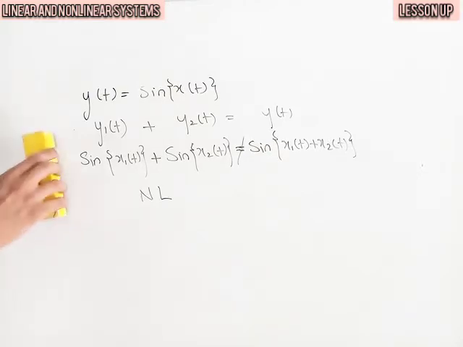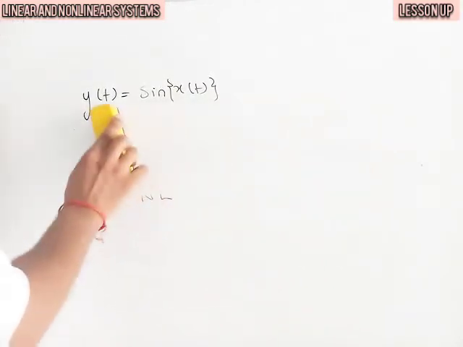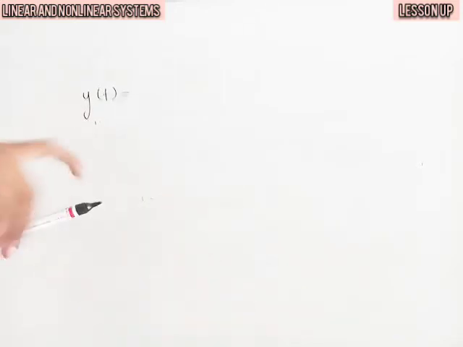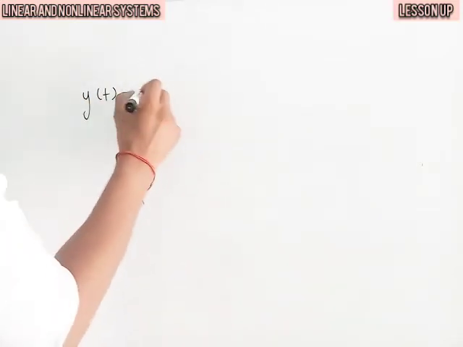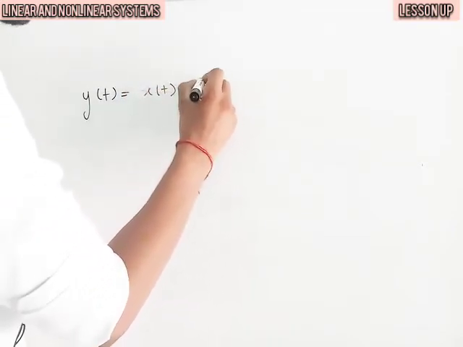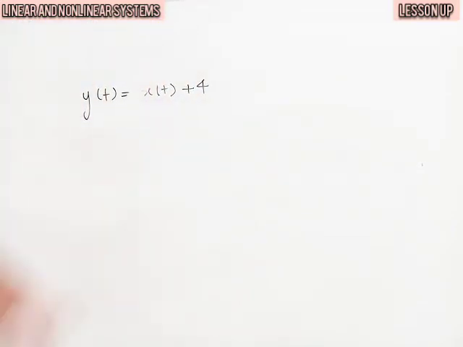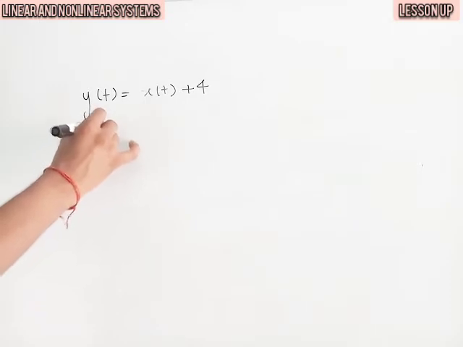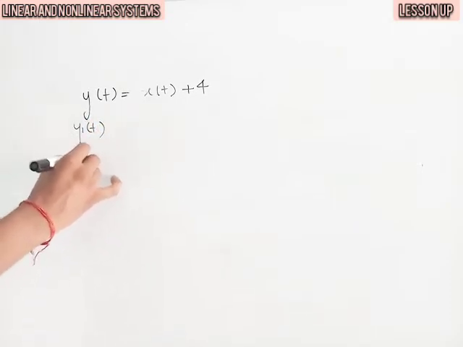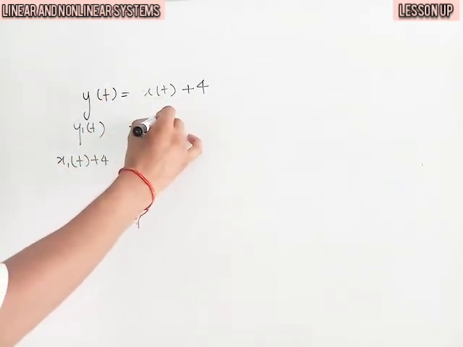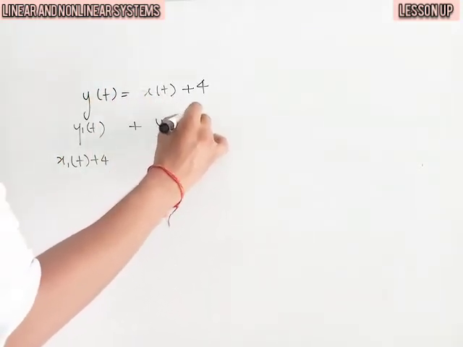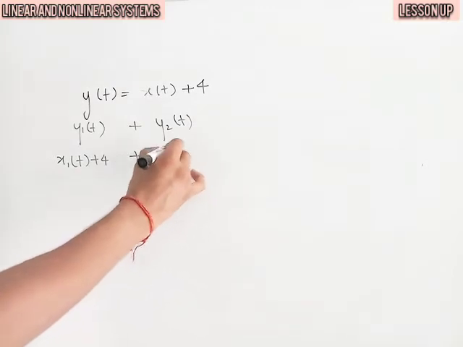Now, in our next example, y of t is input plus some constant, 4. We will see what happens if we add a constant. Okay. So, with x1 of t input, we will get output y1 of t, which is equal to x1 of t plus 4. Plus, with x2 of t, we will get output y2 of t, which is x2 of t plus 4.